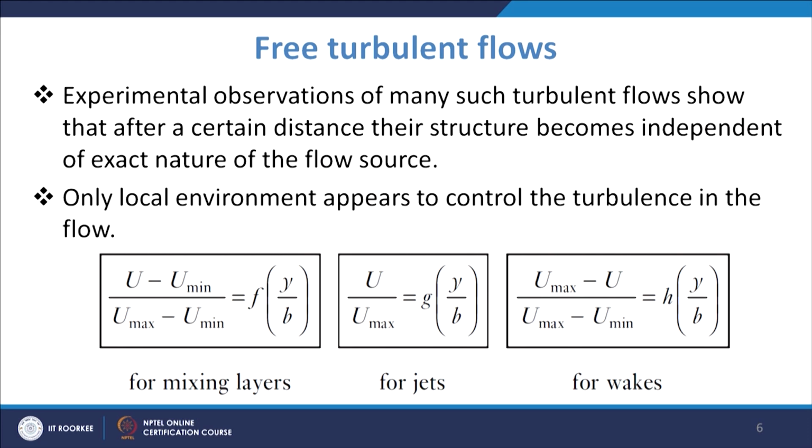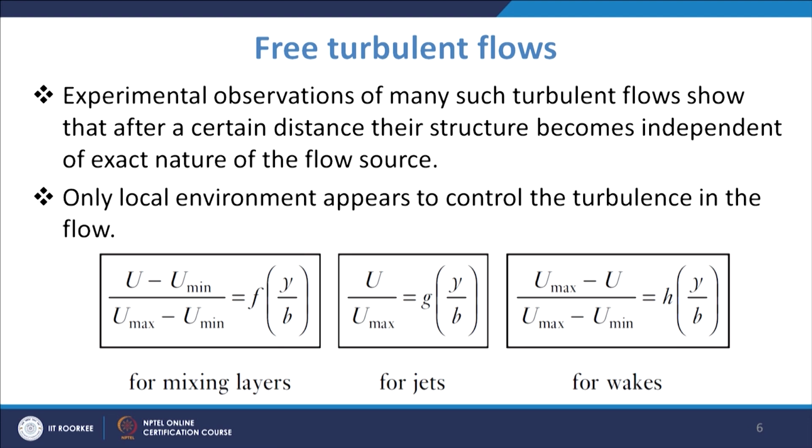Now, when we talk about the experimental observations of turbulent flows, for mixing layers these are the equations which describe them: (u minus u min) upon (u max minus u min) is a function of y by b.